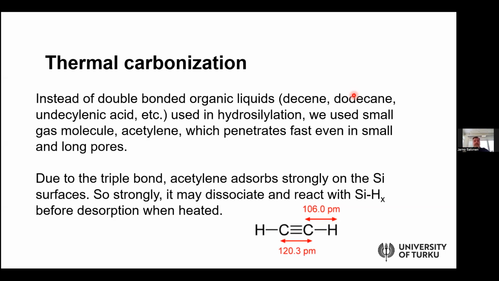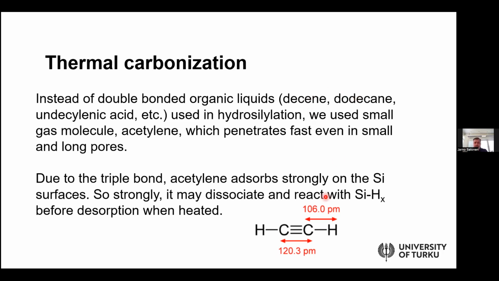Okay, then something about thermal carbonization. Instead of double-bonded organic liquids like dodecene, undecylenic acid, etc., used in hydrosilylation, which was developed at the end of the 90s, we use a small gas molecule, acetylene, which penetrates quite fast, even in small and long pores.